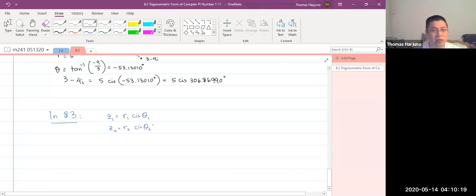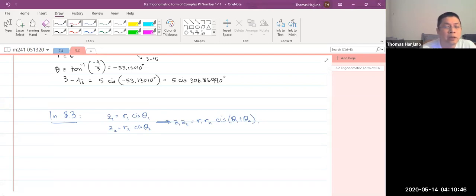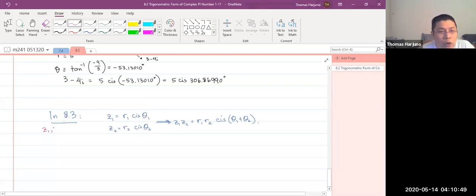So I rewrite my complex numbers in trigonometric form. Then the product of these two complex numbers will be the product of the moduli times cis of the sum of the angles. Later on, I give you complex numbers in standard form. What you need to do is convert them into trigonometric form, use this formula, and then go back to standard form.